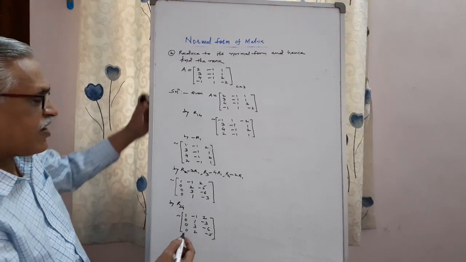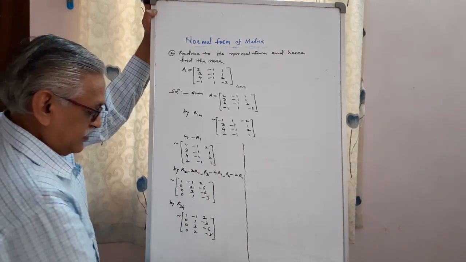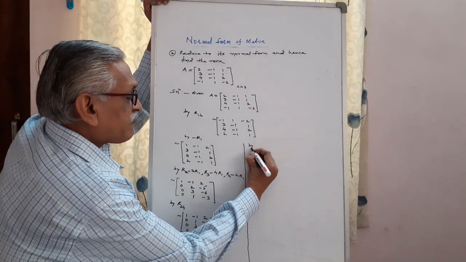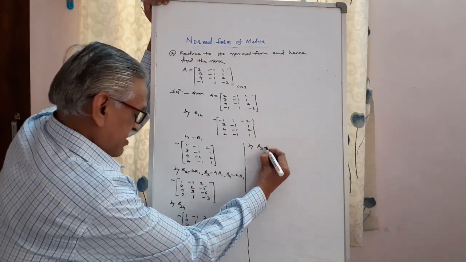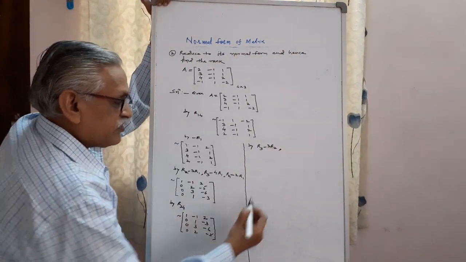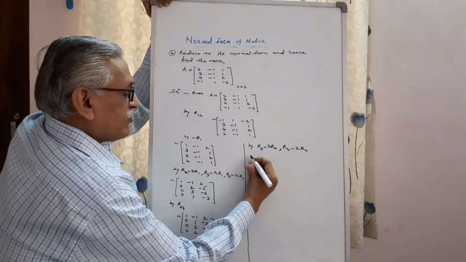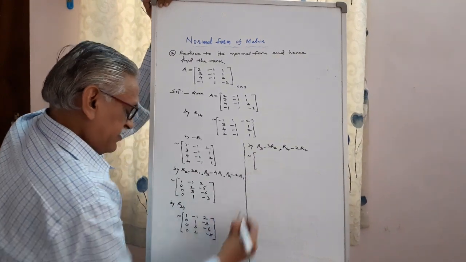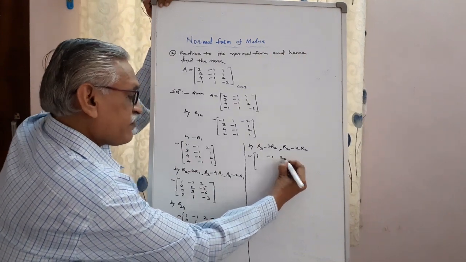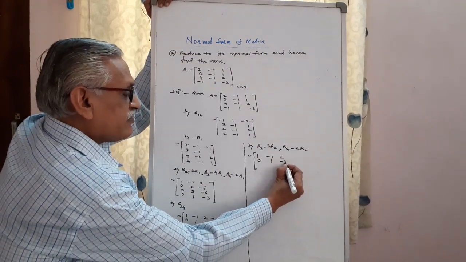Then after getting this 1, use it to convert the entries below to 0. The transformations required are R3 minus 3R2 and R4 minus 2R2. If we apply these two, we get the first row no change again, 1, -1, 2, second also no change, 0, 1, -3.